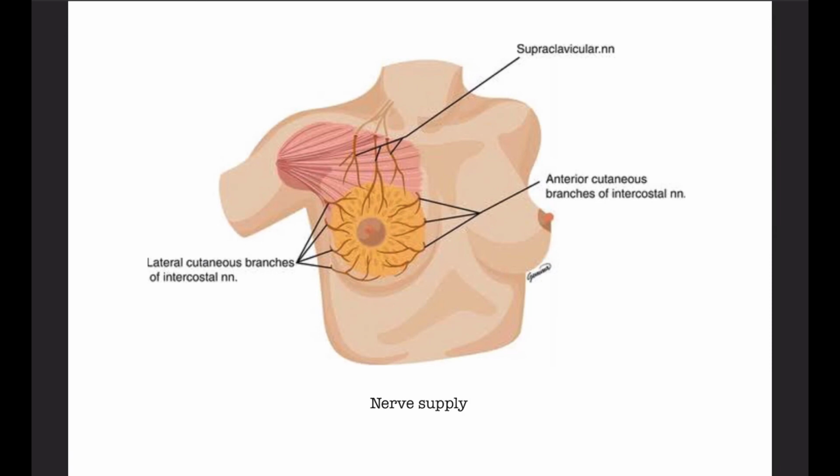The sensory nerve endings in the nipple and areola play an important role in stimulating the release of milk from the mammary gland in response to suckling by the infant.